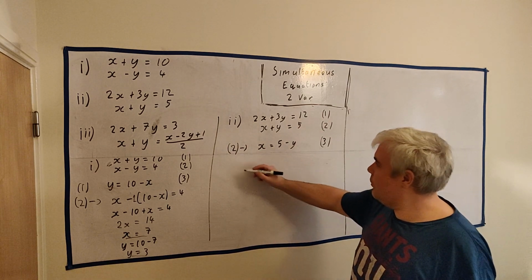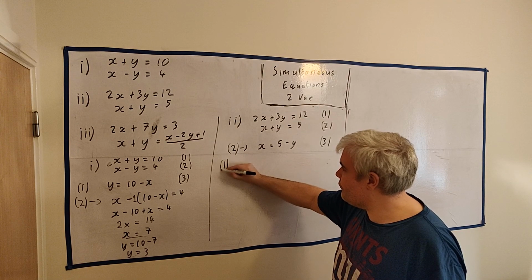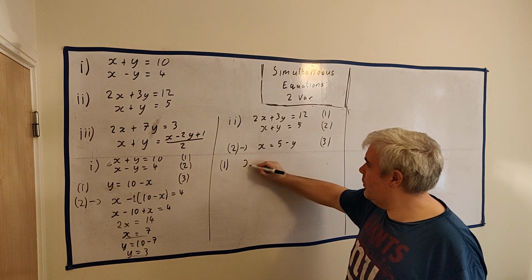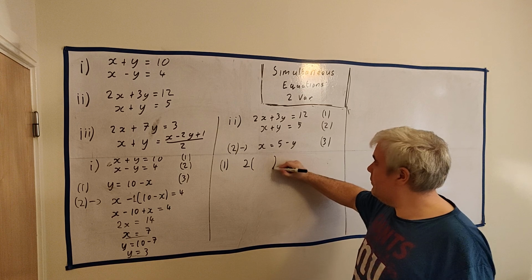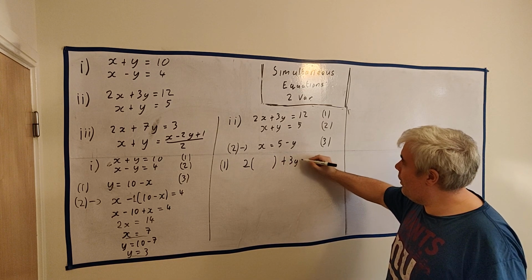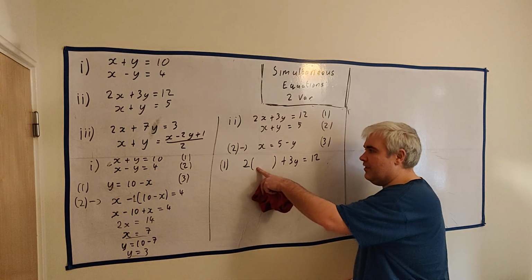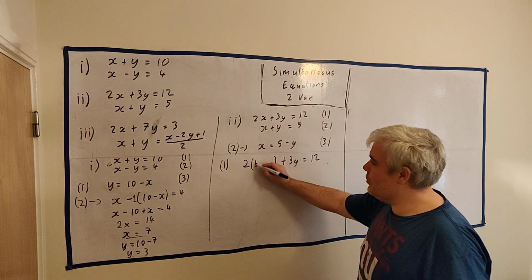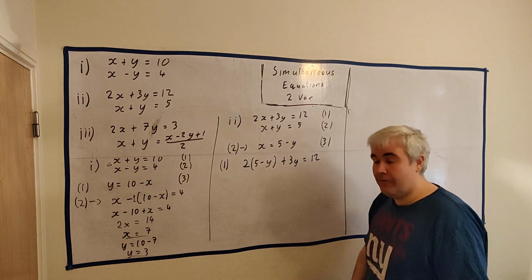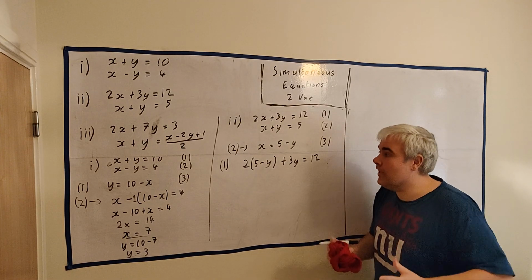Okay, so now I'm going to write equation 1, 2x plus 3y is equal to 12. I'm just writing equation 1 again, but instead of x, I have a much more useful thing to write: 5 minus y. That is equal to x.